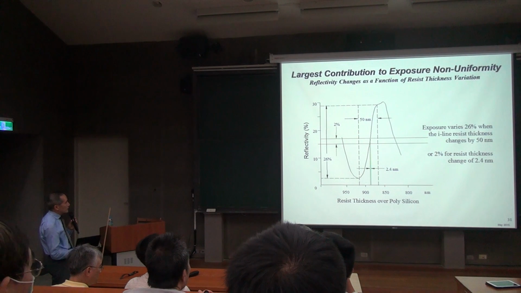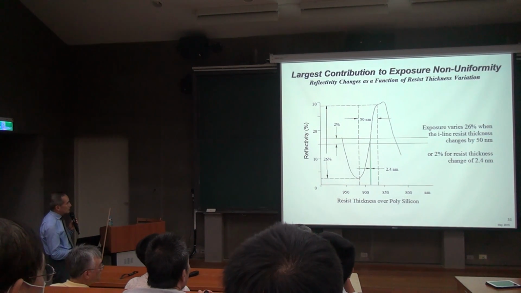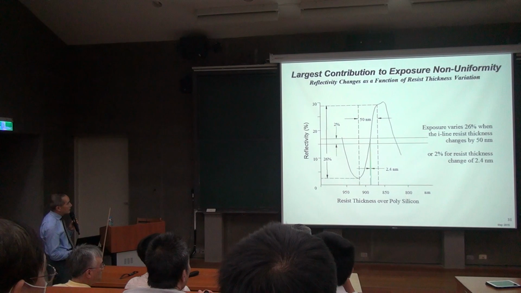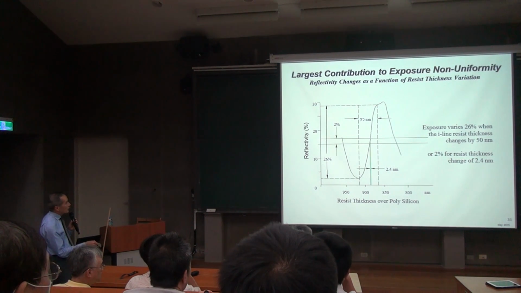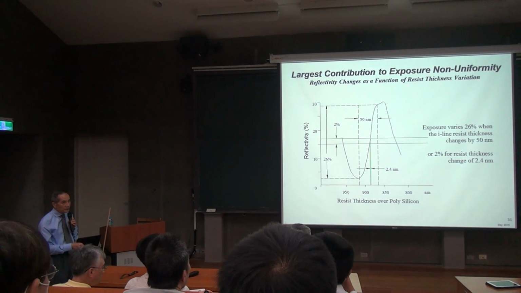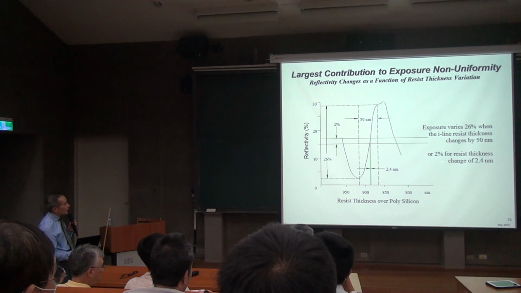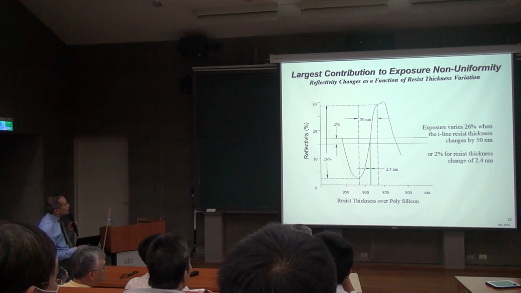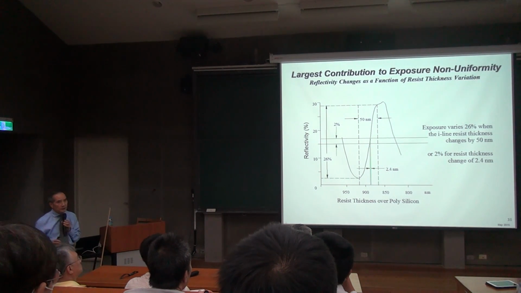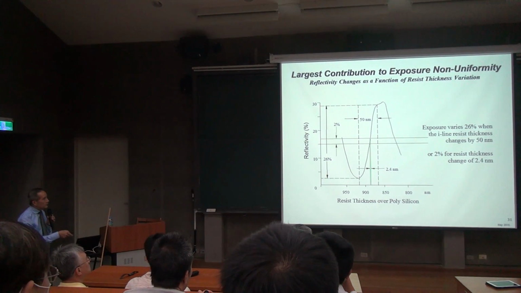If I only change the resist thickness by 50 nanometers, I create 26% exposure non-uniformity. So even if I convert to 2.4 nanometers, I still have 2% intensity variation over a very small distance.